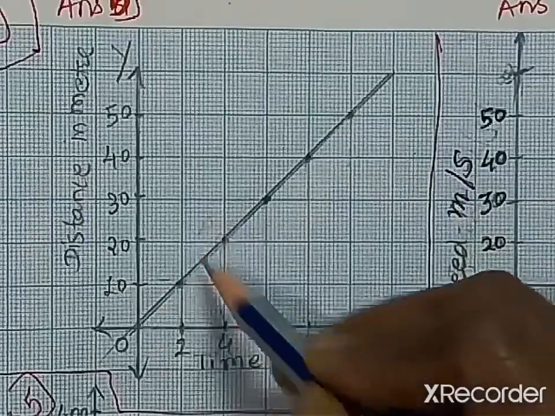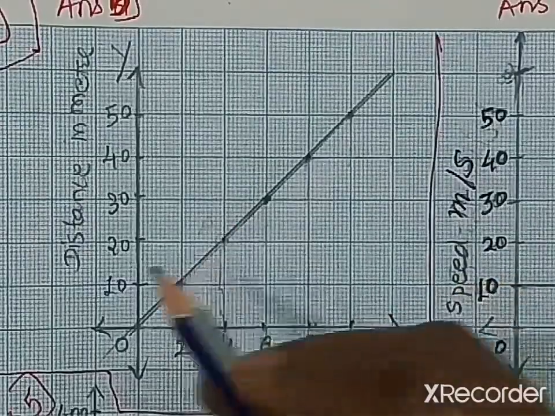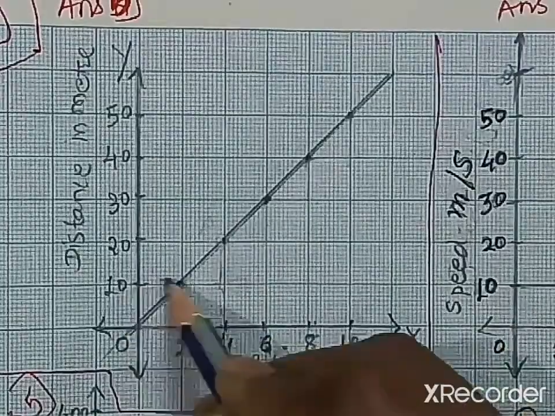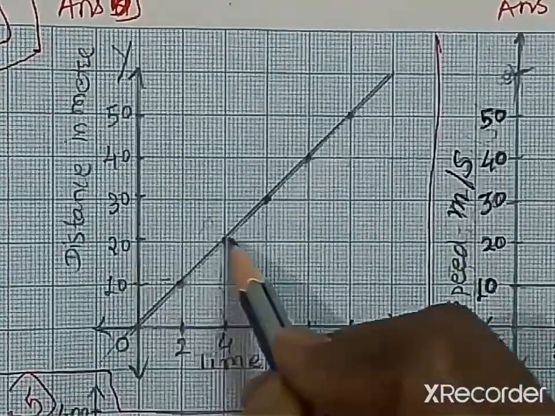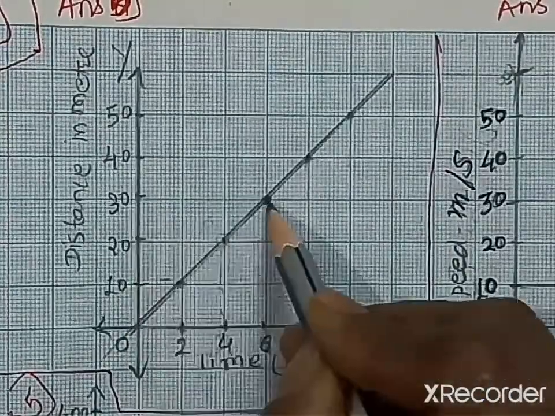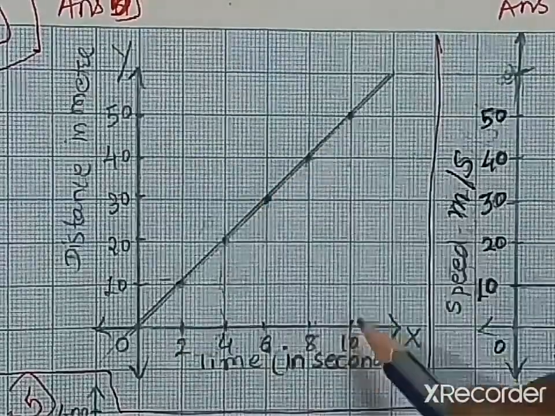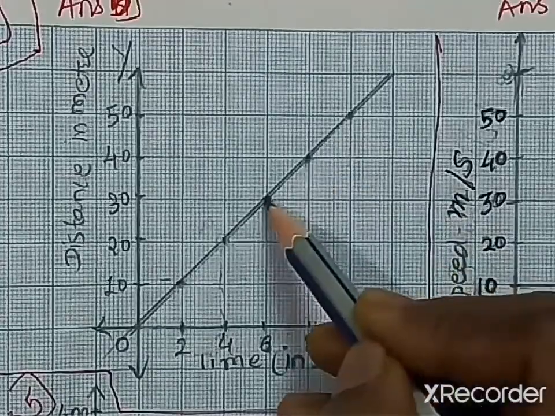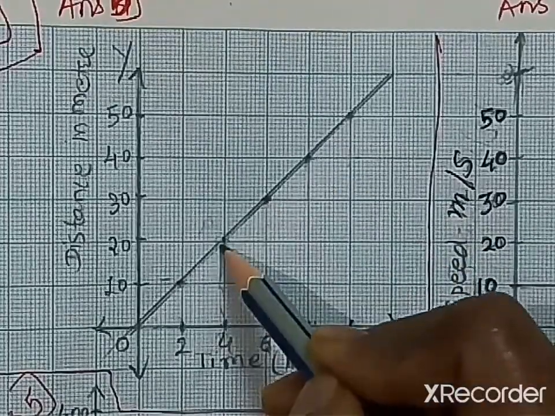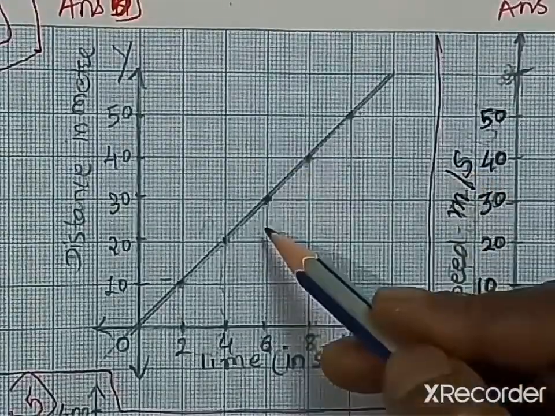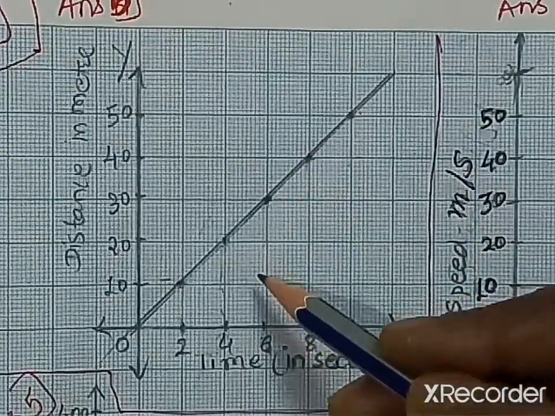Okay, so in this way we can plot a graph. So first we have to put the points here. One for 10 meter 2 seconds, for 20 meter 4 seconds, then 30 meter 6 seconds, 40 meter for 8 seconds, and 50 meter for 10 seconds. First you put the dots here, okay, and then join these dots. Okay, so in this way you can draw the graph for distance time.